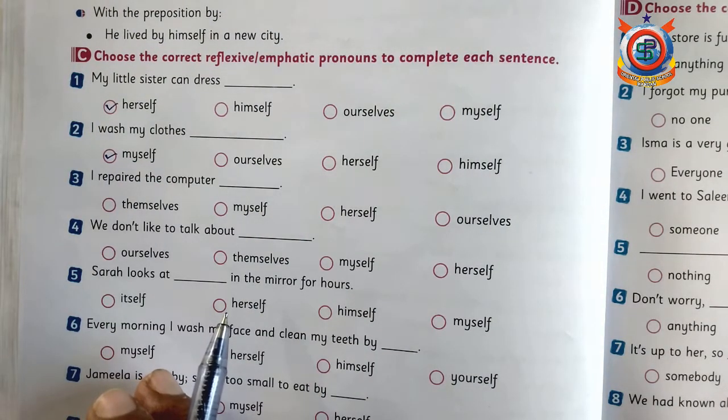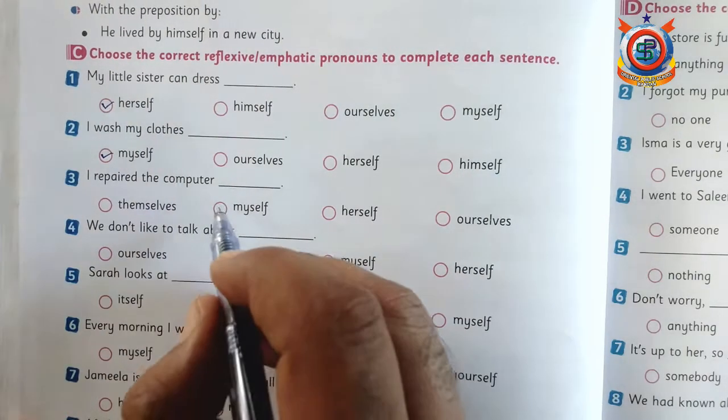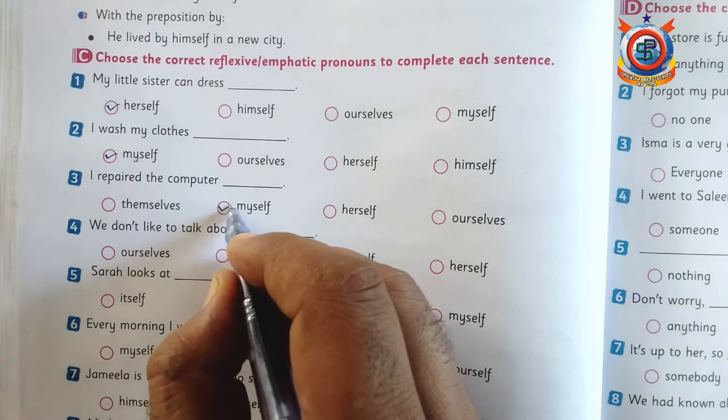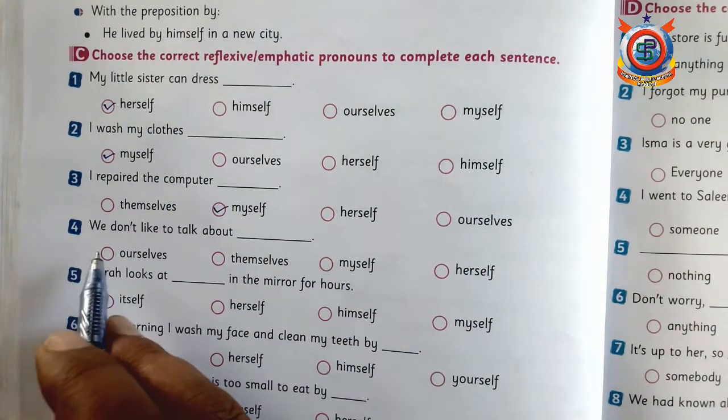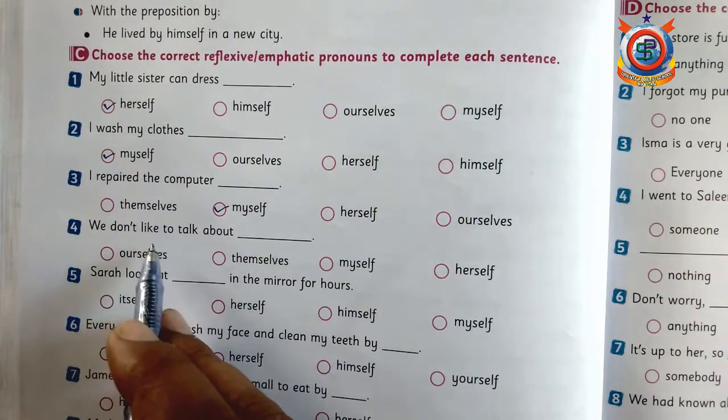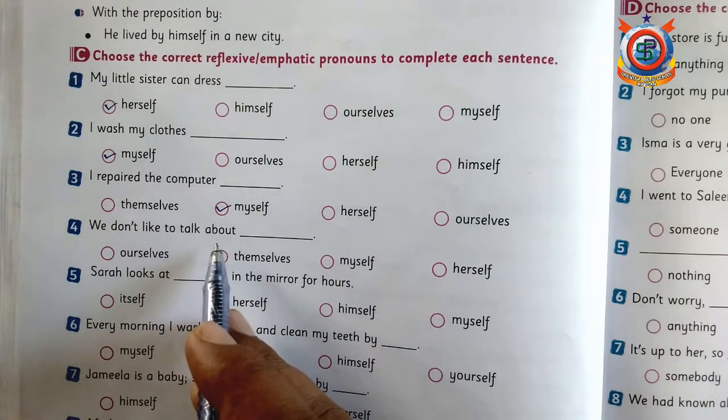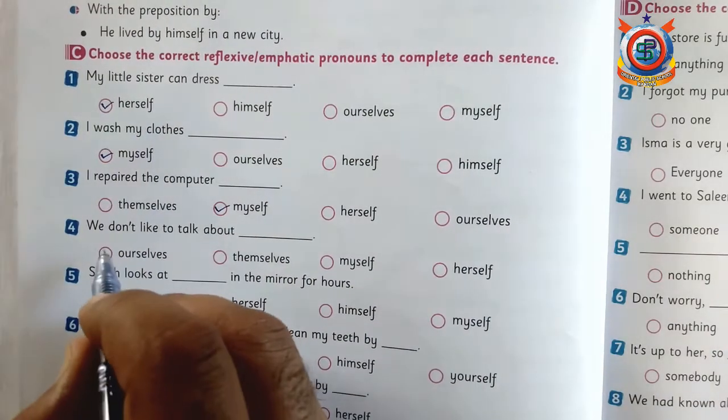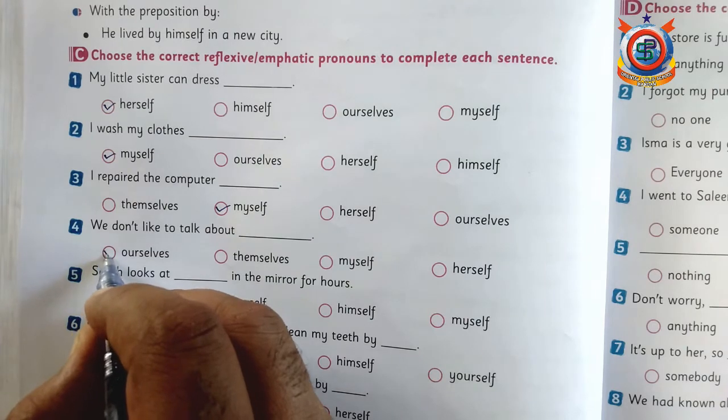I repaired the computer. The right option is option B, myself. Number 4. We don't like to talk about ourselves. Option A.